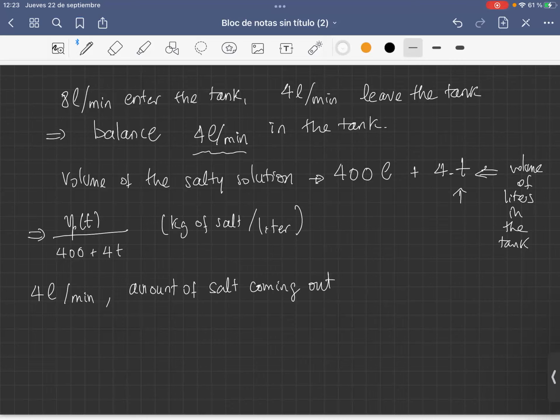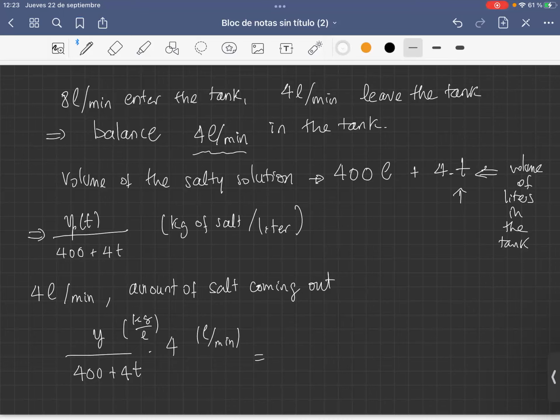Well, if we multiply the kilograms of salt per liter by 4 liters per minute, and bear in mind that was kilograms per liter, we're gonna get kilograms per minute that are coming out.